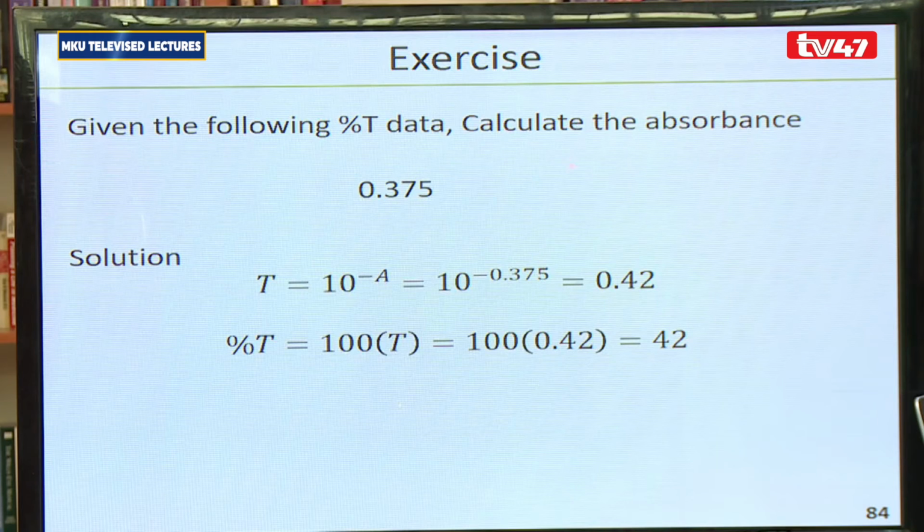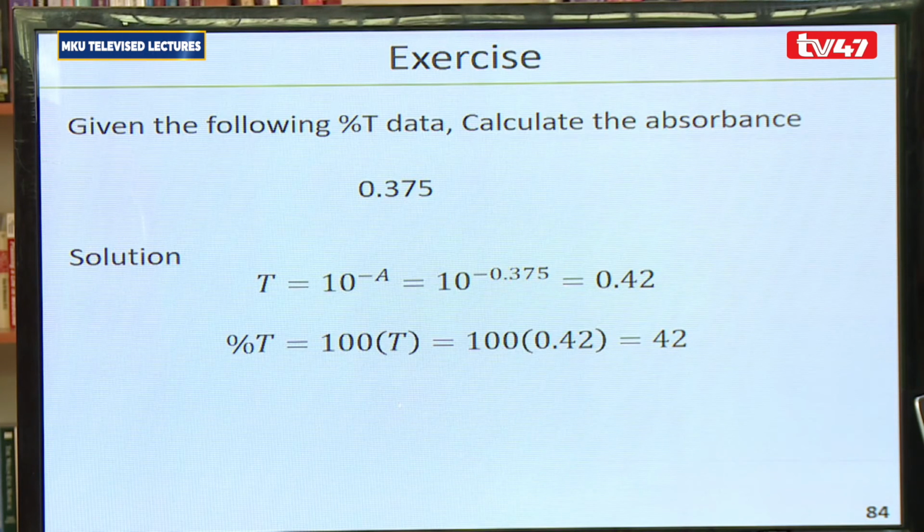You are given an absorbance of 0.375. Transmittance is equal to 10 to the power of minus absorbance, because of the relationship between absorbance and transmittance. Once that is done, you get the transmittance as 0.42, which in terms of percentage, we multiply by 100 to get 42%.